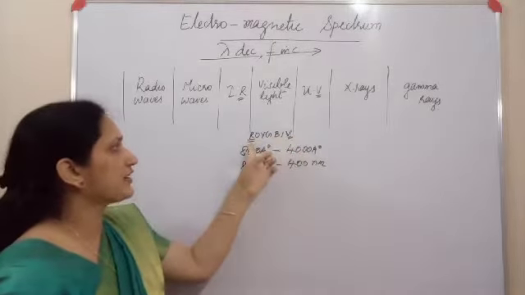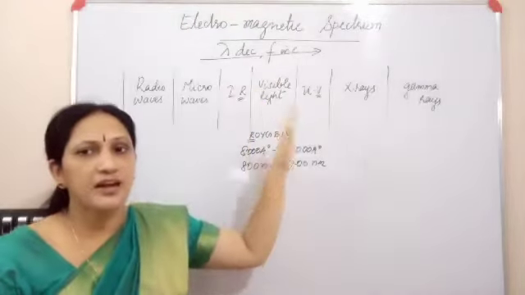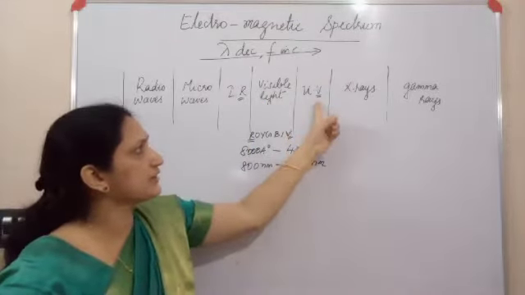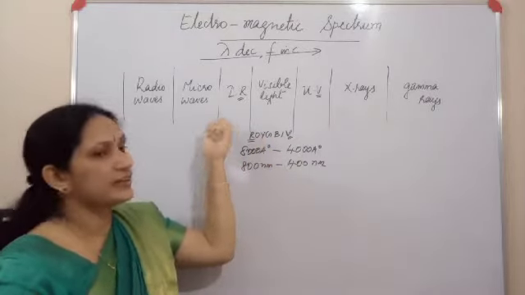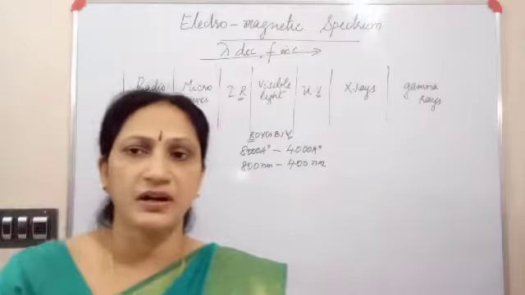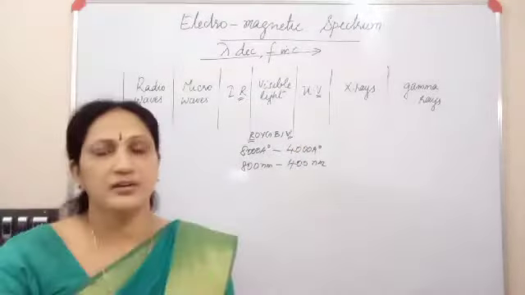Since violet and red are the boundary colors, the neighboring 2 regions are named with those terms: after violet, ultraviolet; before red, infrared. So the 2 neighboring regions of visible light in the electromagnetic spectrum are ultraviolet and infrared.